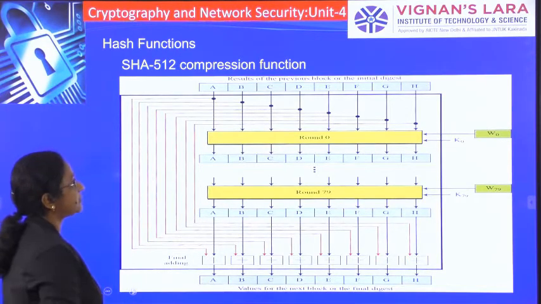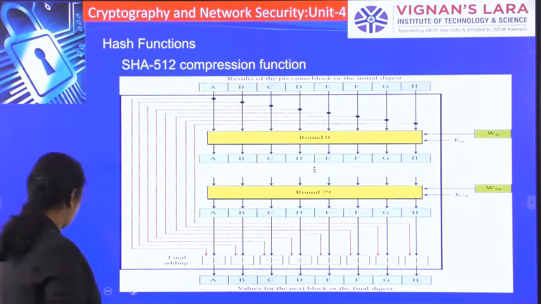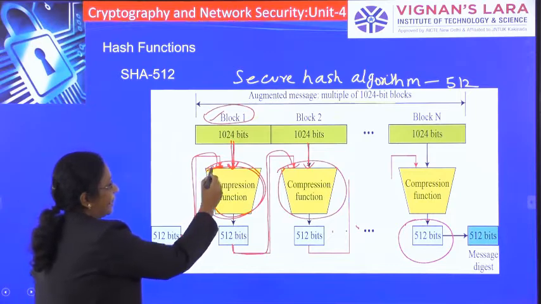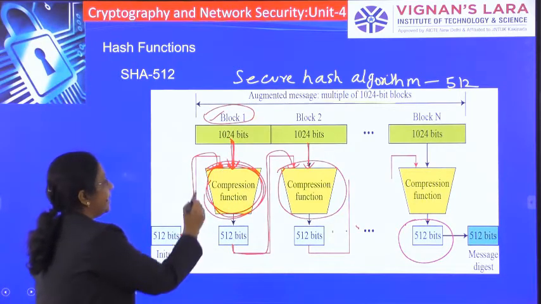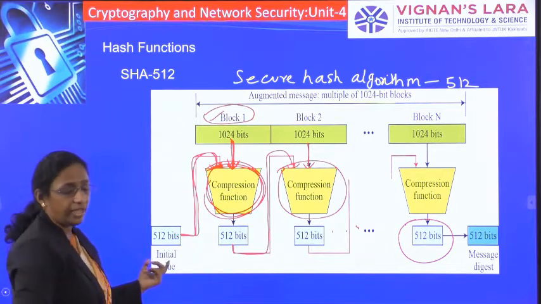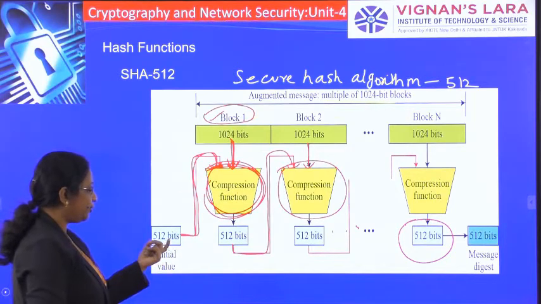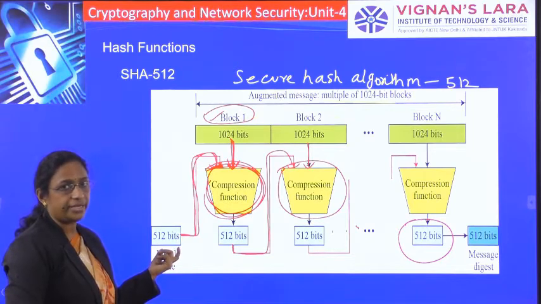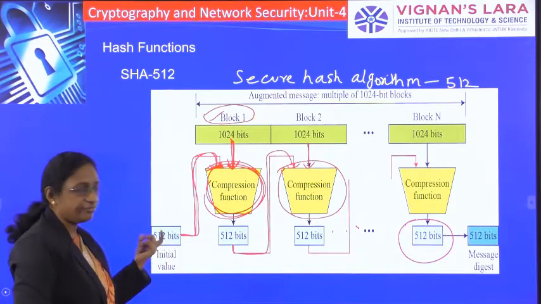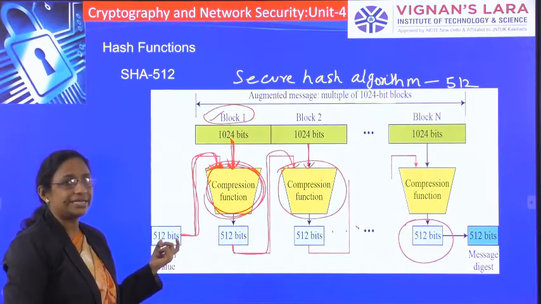This compression function, along with the block of message, takes the initial buffer value. This initial buffer value has 512 bits, and these 512 bits are stored in the registers.